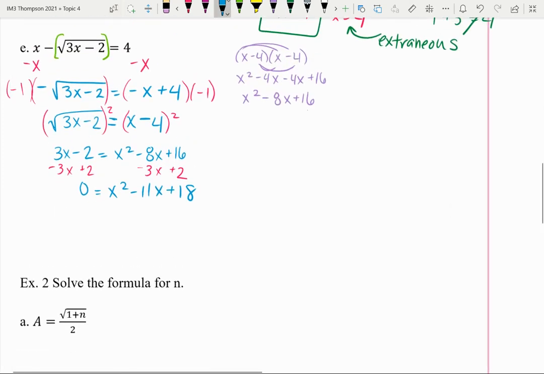All right. And then I factor. Two numbers that multiply to 18 and add to negative 11 will be negative 9 and negative 2. We have x minus 9 times x minus 2.